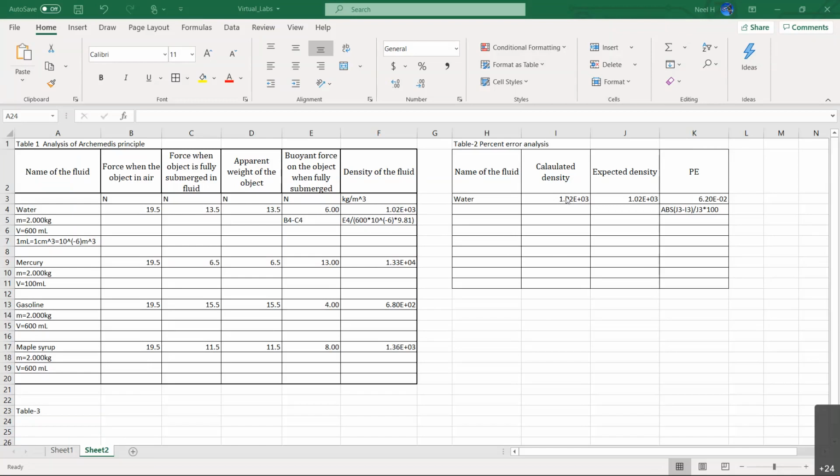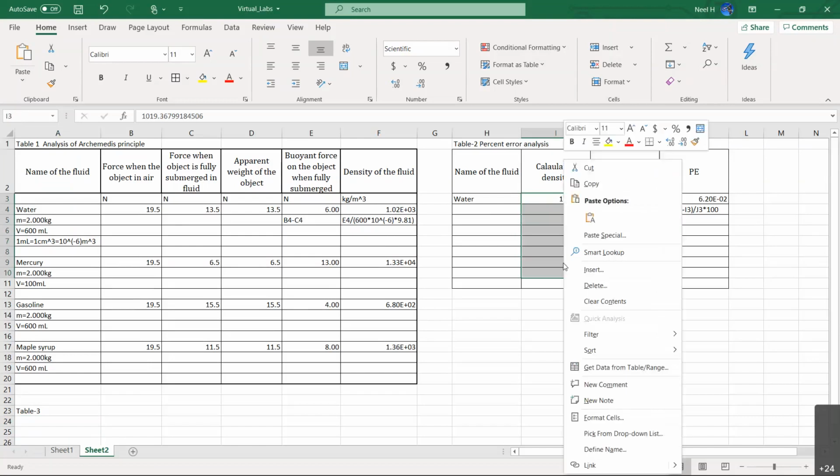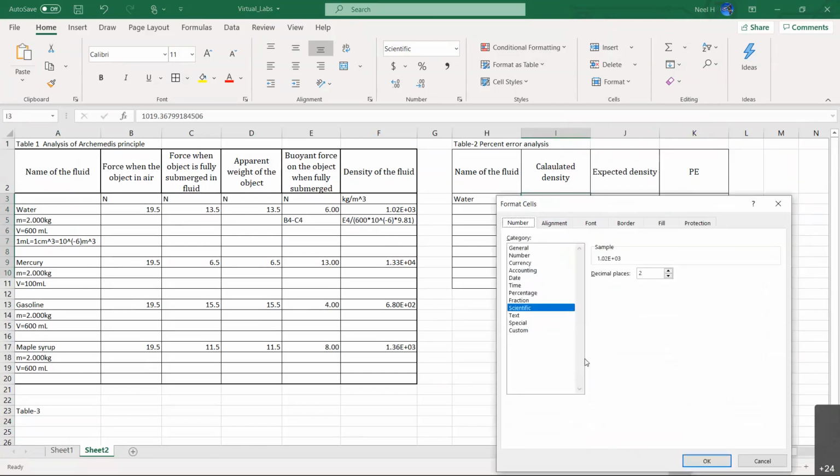So what I did, you can format any cell any way you like, right? If you want to format this part, highlight that, right click, format cells. I'm using scientific notation because I would like to have a certain number of significant figures. If you want to have a certain number of significant figures, any number, you have to do scientific notation.